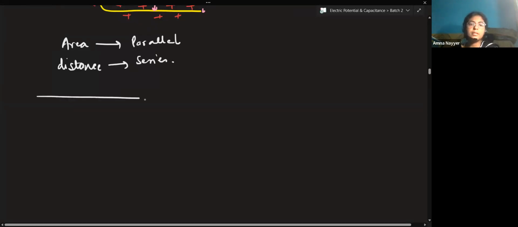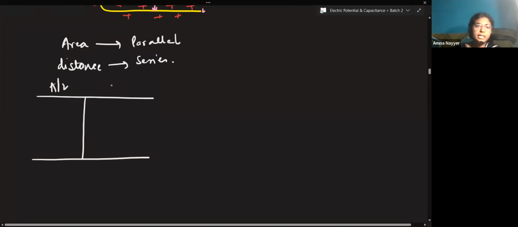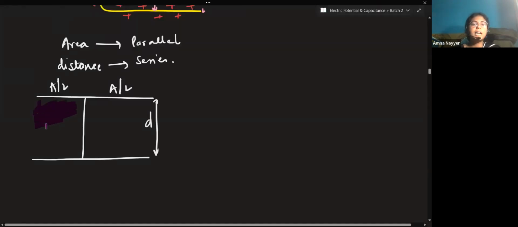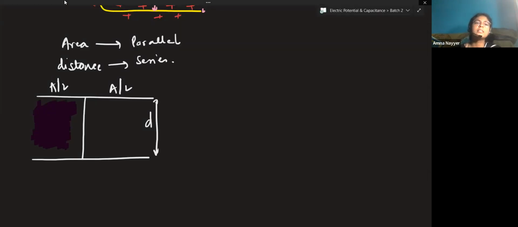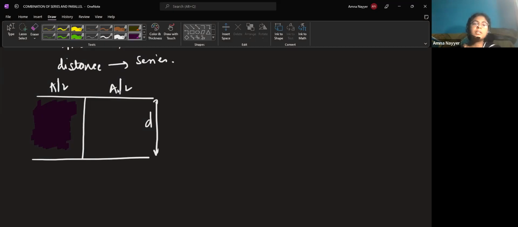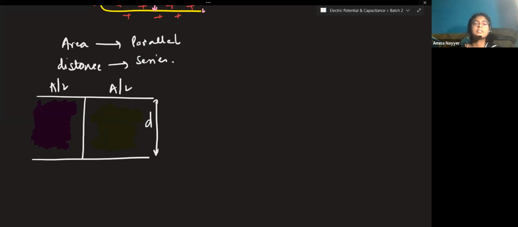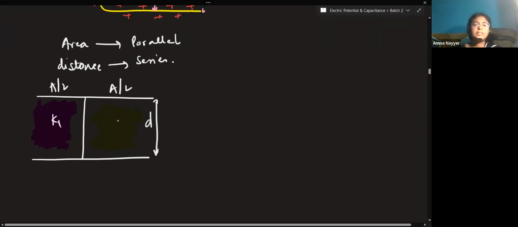For example, if this is a capacitor, the area has been divided into A by 2 and A by 2. The separation is the same, capital D. One half has been filled with a dielectric of constant K1, and the other has been filled with another dielectric, K2, and this circuit has been connected with wire to a cell in this manner.